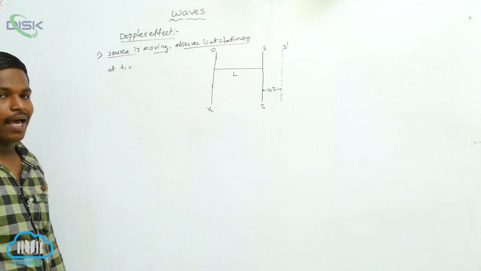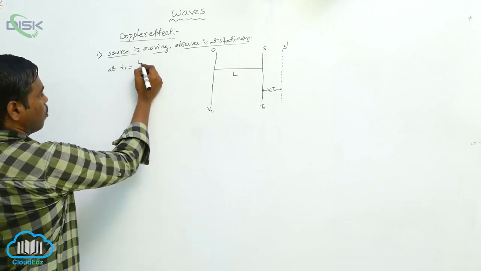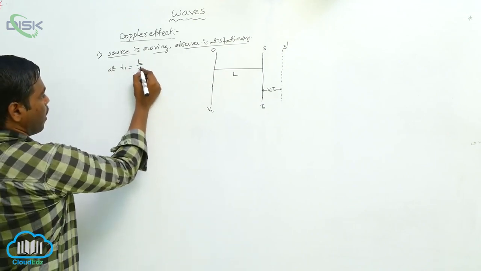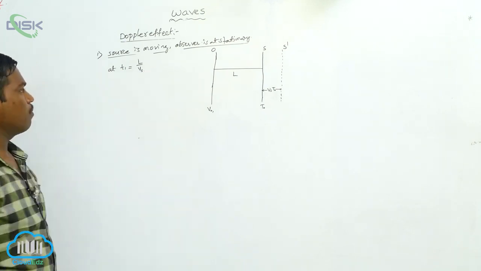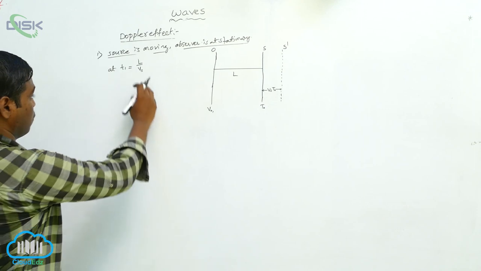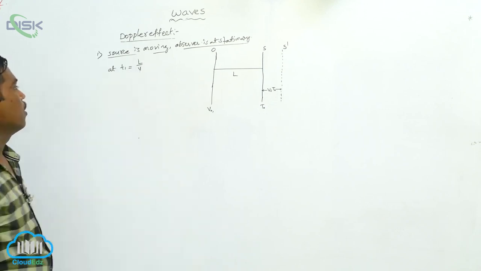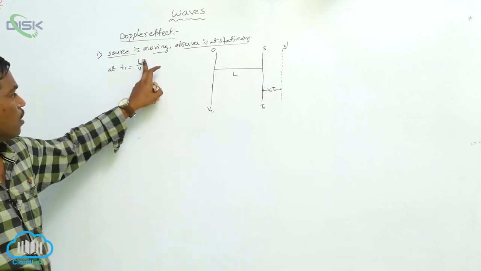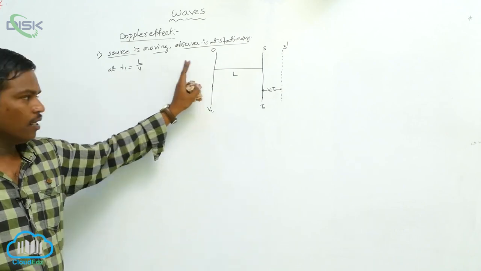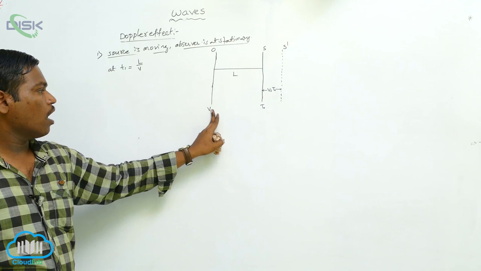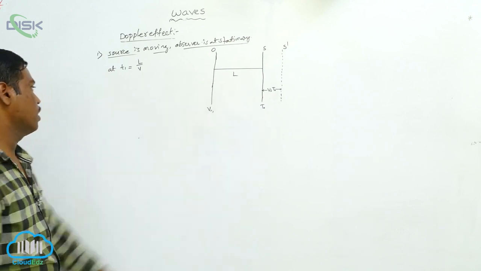Now t1 is equal to L by V, the distance by speed, that is the time t1. At time t1 the crest reaches the observer from the source.